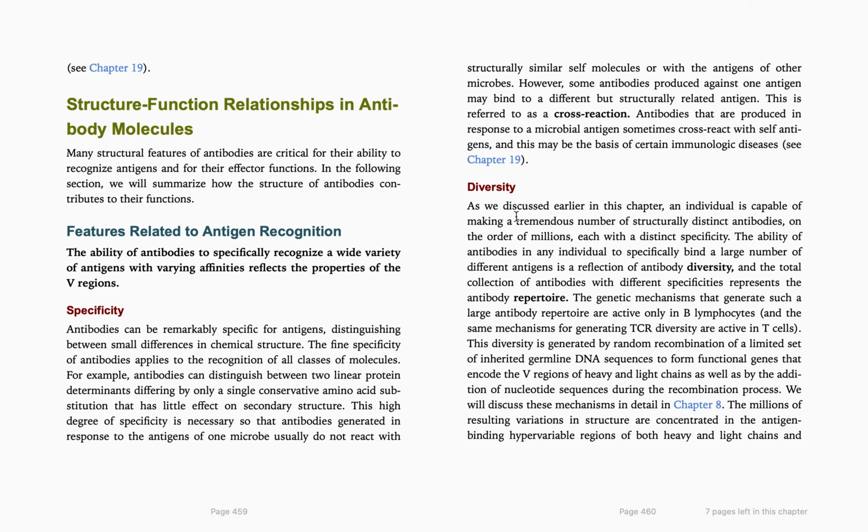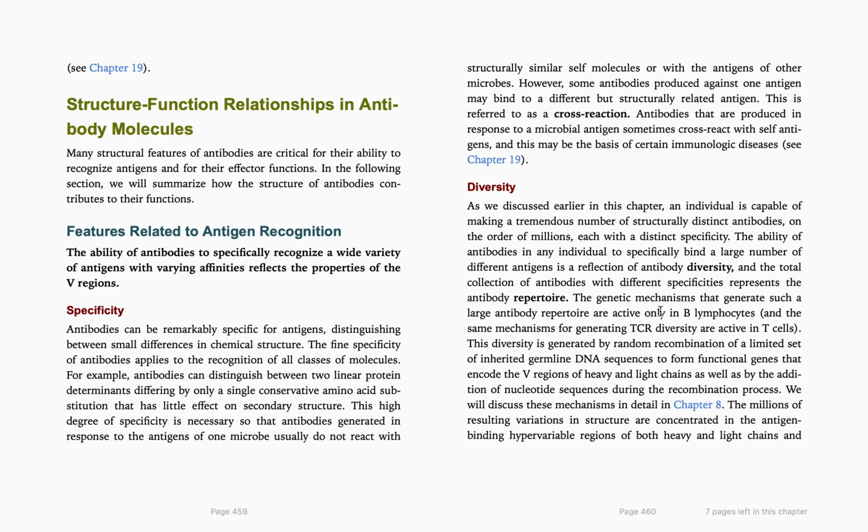Diversity. As we discussed earlier in this chapter, an individual is capable of making a tremendous number of structurally distinct antibodies, on the order of millions, each with distinct specificity. The ability of antibodies in an individual to specifically bind to a large number of different antigens is a reflection of antibody diversity, and the total collection of antibodies with different specificities represents the antibody repertoire.